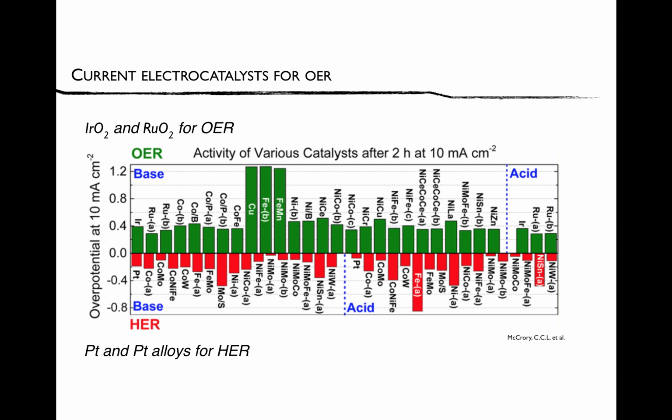One of them is an iridium-based oxide, and one of them is a ruthenium-based oxide. These oxides, interestingly, have been first developed through computational means, and then they have been proposed to experimental groups, and then it was confirmed that they are good catalysts for the process.